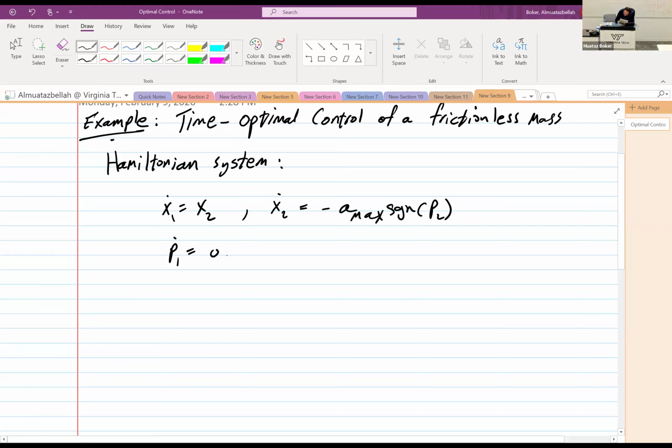P1 dot is equal to 0. P2 dot is equal to minus P1. And we have the boundary conditions.